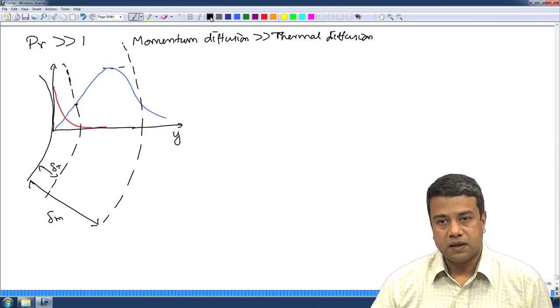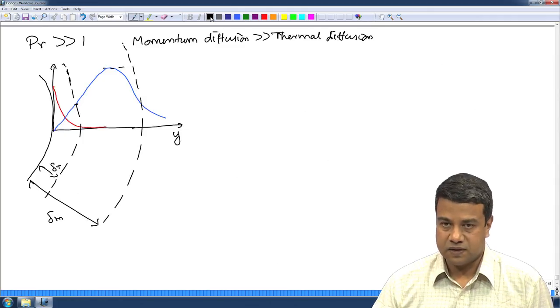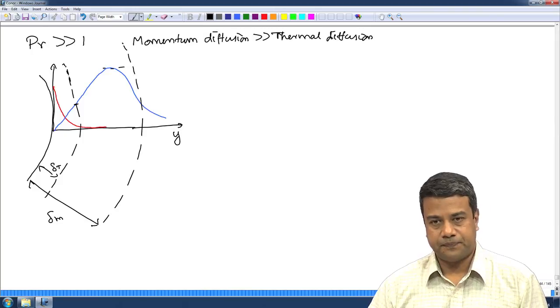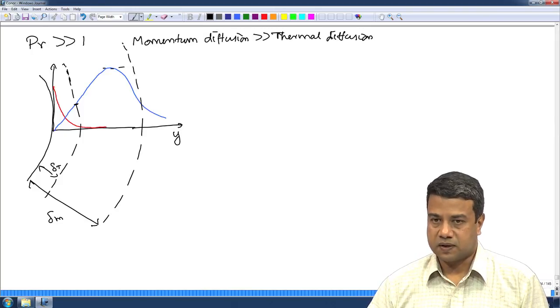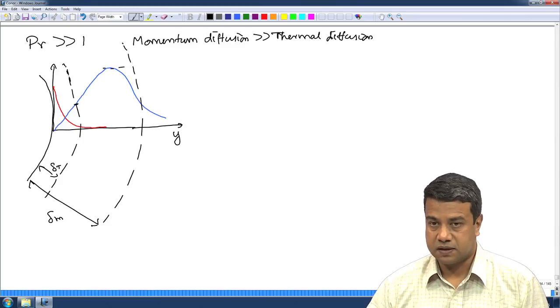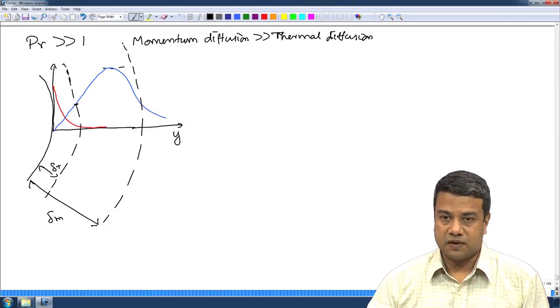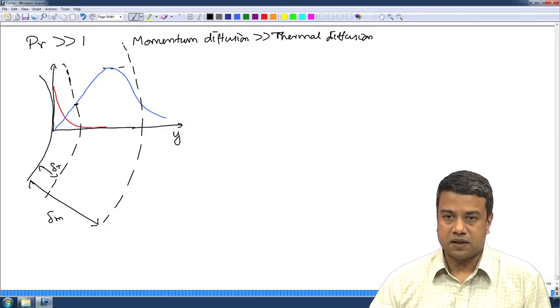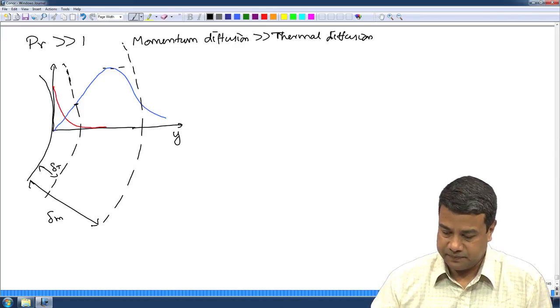Okay. Therefore, I need to rescale the streamwise velocity within the thermal boundary layer by this velocity. I do not yet know what that is. All I know is as the Peclet number becomes larger and larger, this relative boundary layer thickness should become smaller and smaller. Therefore, the velocity within the thermal boundary layer for the mean flow should become smaller and smaller.